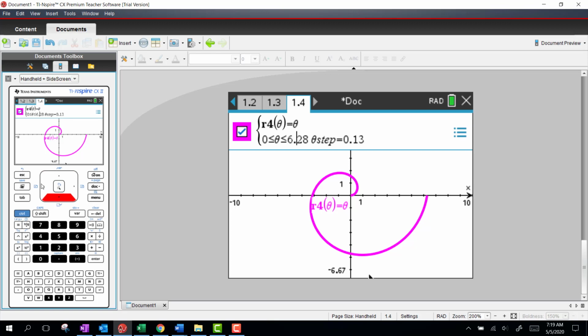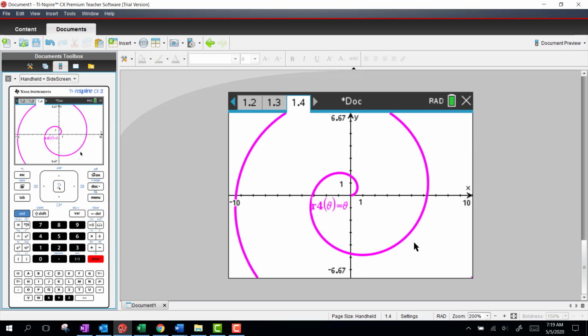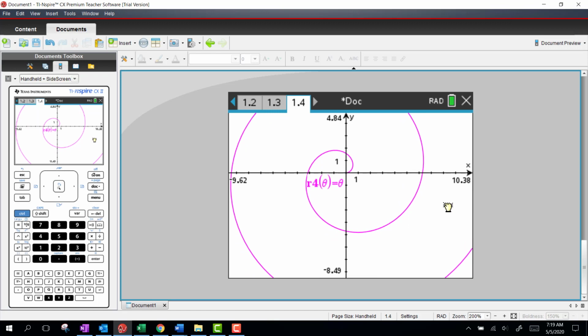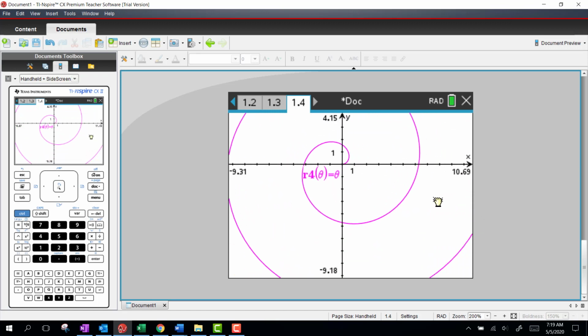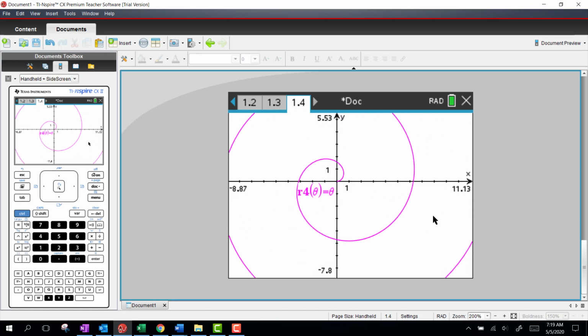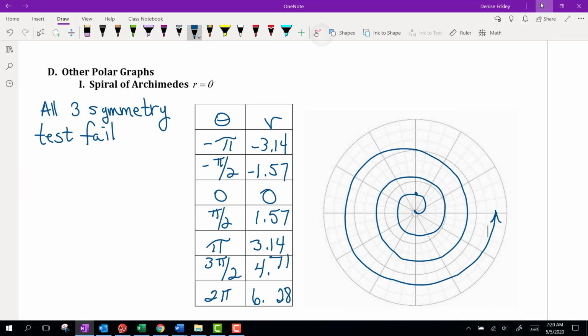So that would be 12.56. Yeah, so we'll go around again. And you can see it just keeps spiraling out, and that's what it does. Okay, so that's one of our graphs that you sometimes see.